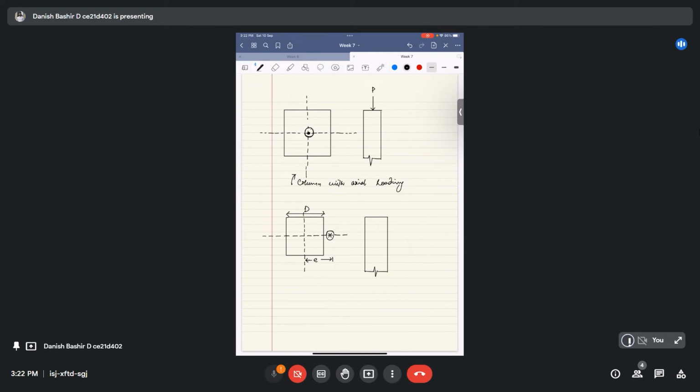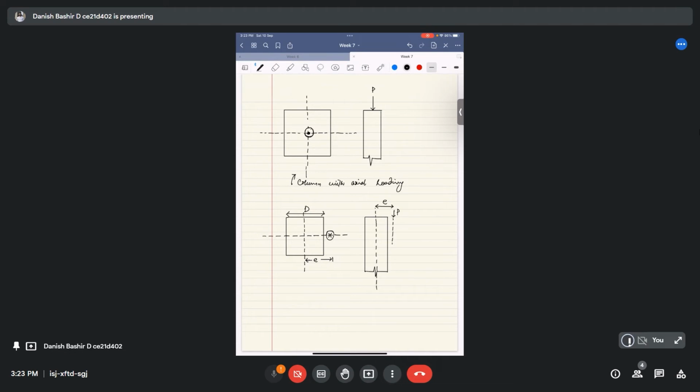This is the central line of the column. If this load would have been acting along this line, we would have called it axial loading. But it's not acting along this line. It's acting somewhere else at some eccentricity E along this.